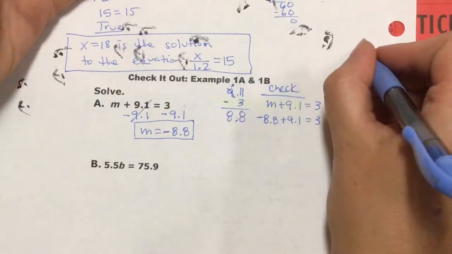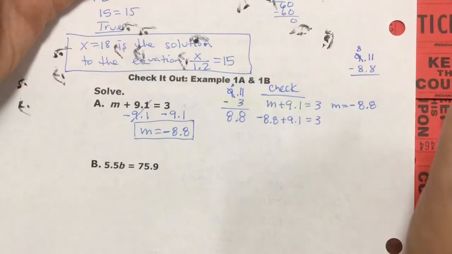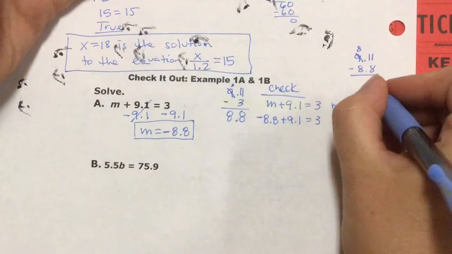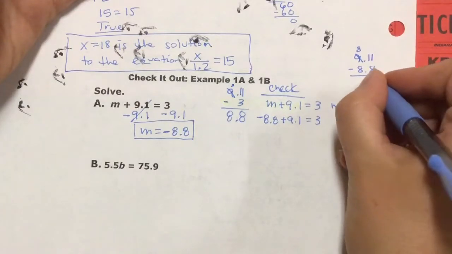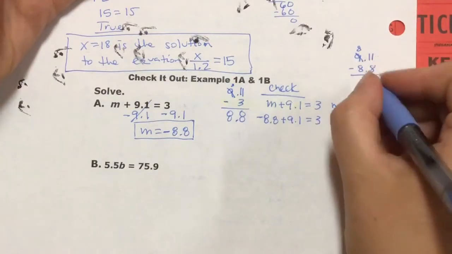So I'm going to borrow from the 9, make that 8, and I get 11 minus 8, which is 3. 8 minus 8 is 0.